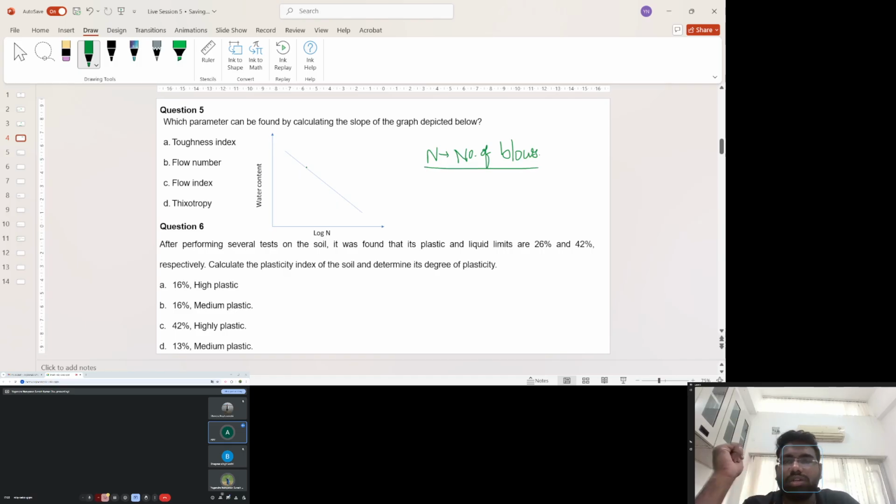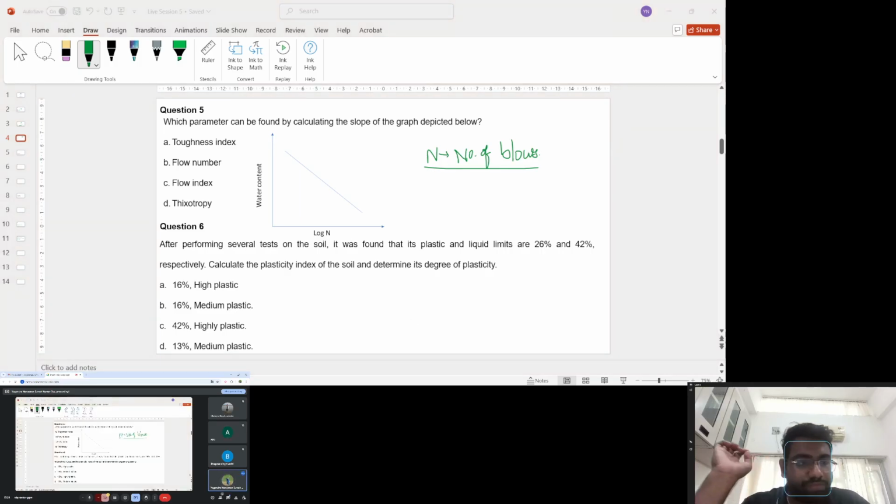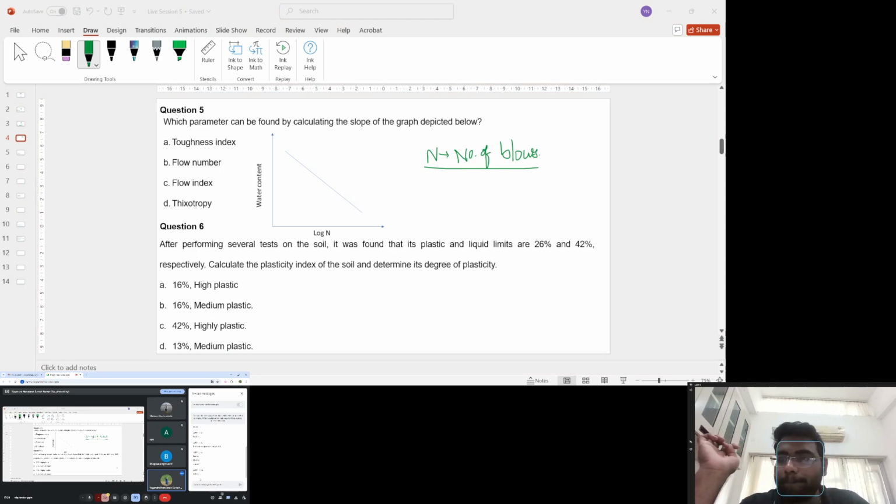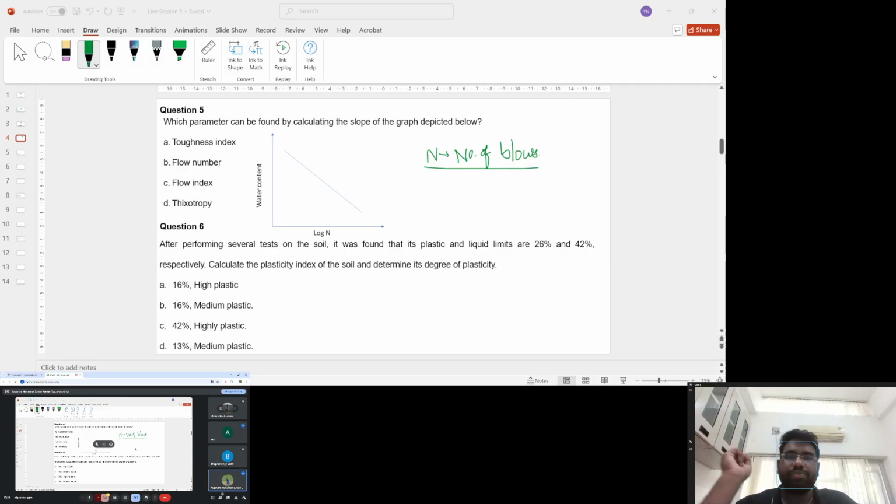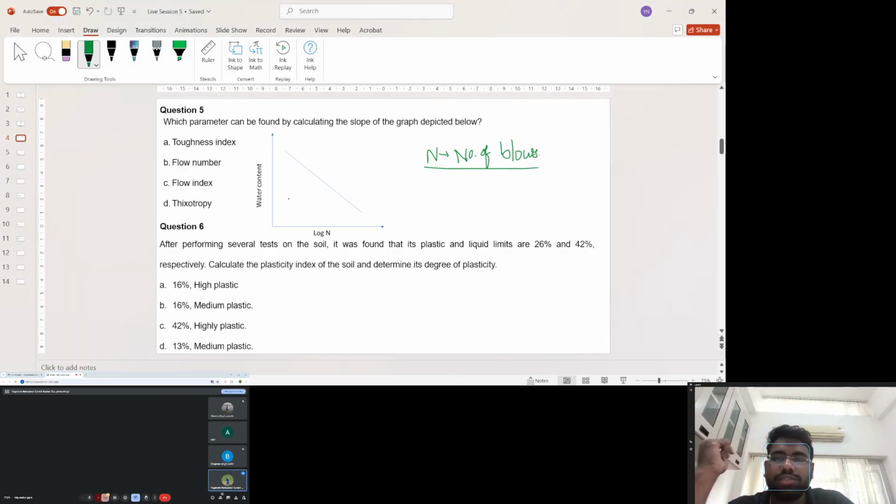So when you calculate the slope, what will we get? Any idea? Now let us consider two cases.